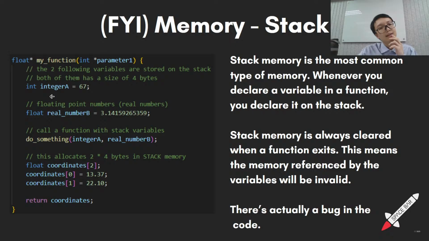These 2 variables are stored on the stack, and you can do stuff with these variables, and whenever you call a function, it pushes the function on the stack. So stack memory is whenever you declare a variable in a function.